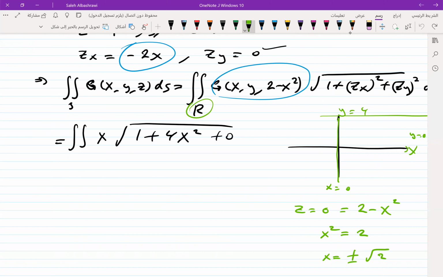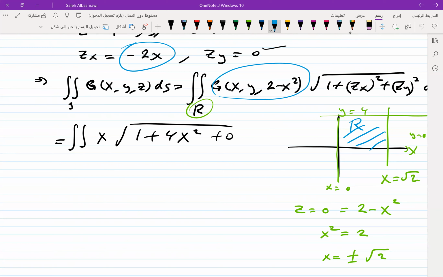But since we are in the first octant, this will be reflected to be the first quadrant in the xy plane. So x will be square root of 2, the positive one. Okay, this will be R.